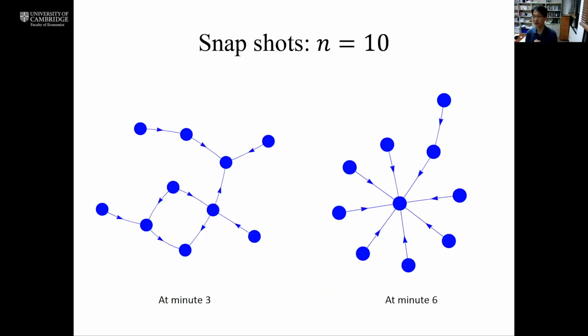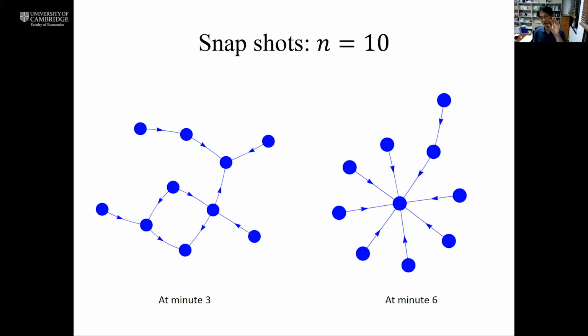Now, before I show you the analysis of the experimental data, let me show you a snapshot of what we observe in a particular group. These are representative of the outcomes in other groups as well.